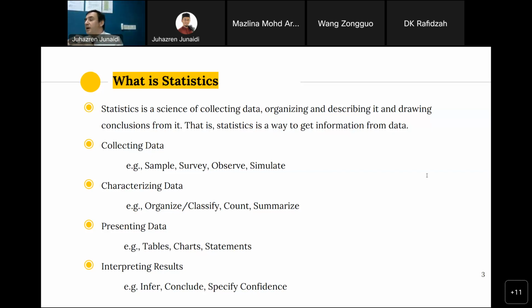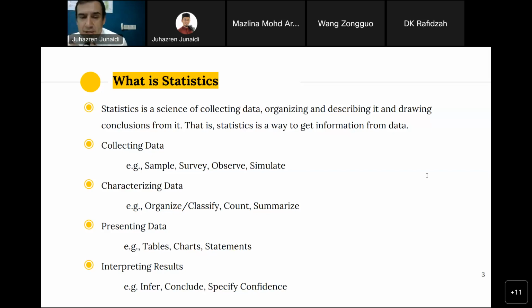All of these particular things are actually data, but when we bring them together, synthesize them, and turn them into meaningful information, that's what we use statistics for. So we are using the particular data to have meaningful information.